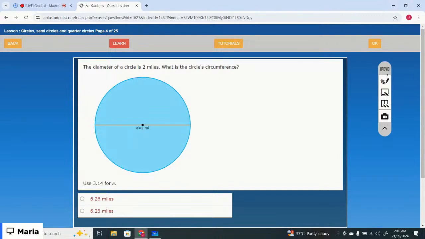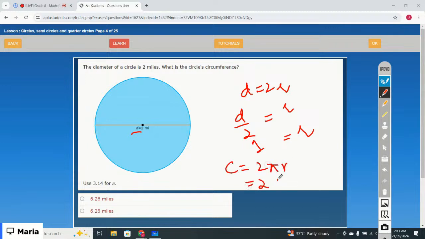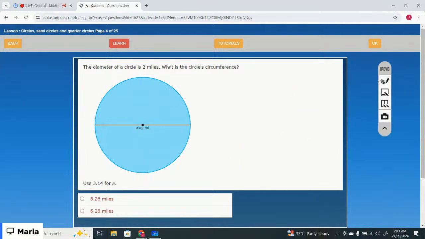You are given the diameter, so first you need to find the radius, right? The diameter equals 2 times r, so radius equals diameter divided by 2. So 2 over 2 is 1. The radius of the circle is 1. Now you can use the formula C equals 2 pi r, so 2 times 3.14 times 1, that is 6.28. Option number 2 is the correct option, that is 6.28. Got it?